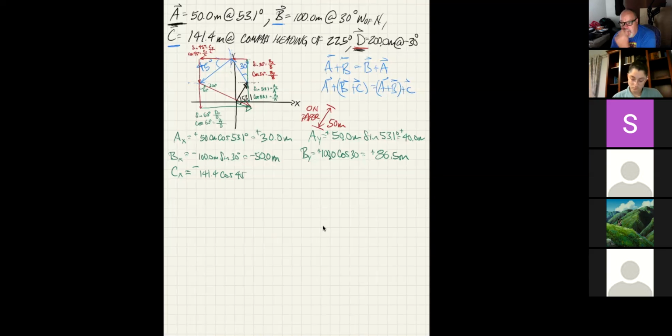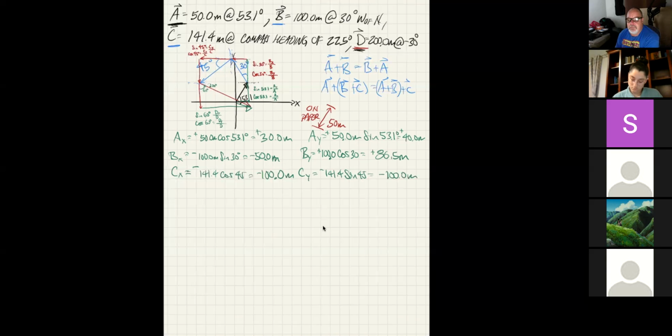I think y'all can recognize this 141.4 as 100 times the square root of 2. So if I take 100 times the square root of 2 and divide it by the square root of 2, I'm ultimately just going to get negative 100.0 meters. Similarly, C sub y is going to be a negative 141.4 sine 45. That's going to also give me negative 100.0 meters.